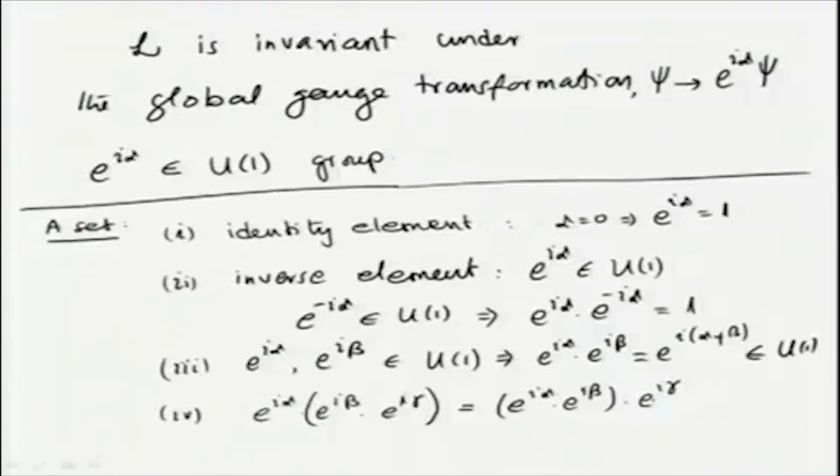This is the associative property of the group elements. So, any set that satisfies these conditions is called a group.